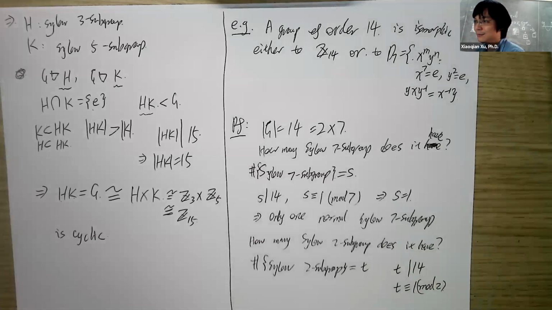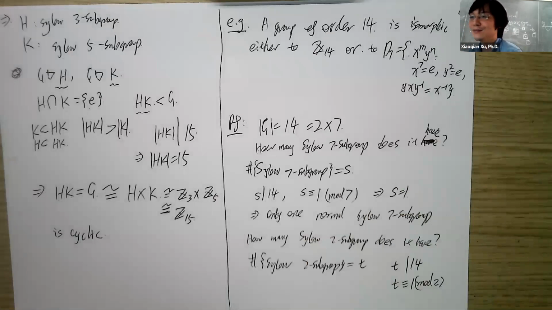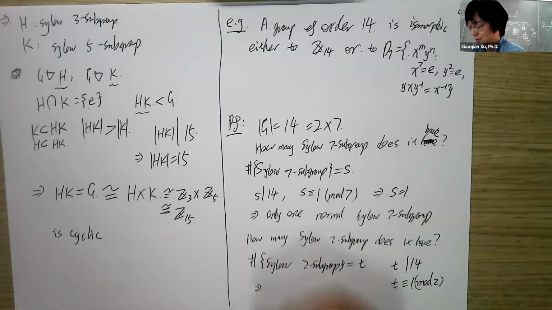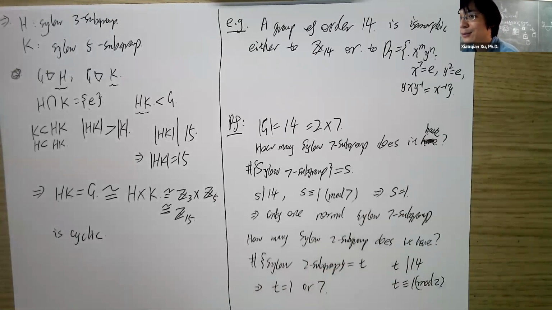What does that mean? That means t equals 1 or 7, right? I believe everybody can solve this problem. This is 14, not some big number. Try to find the odd factors of 14.